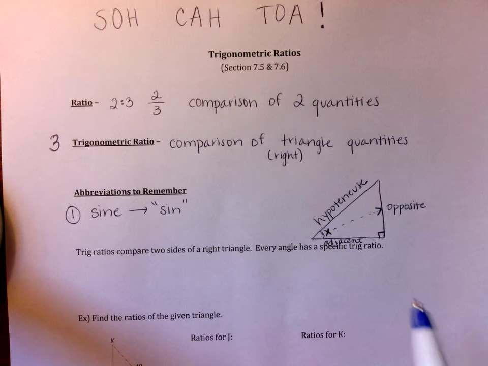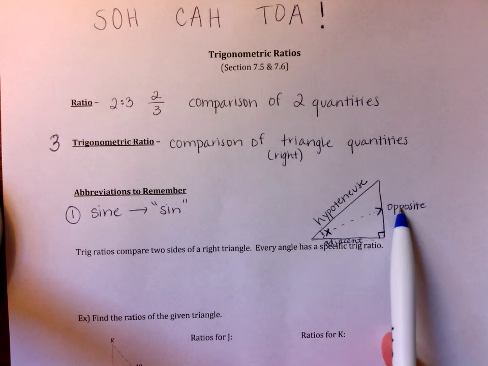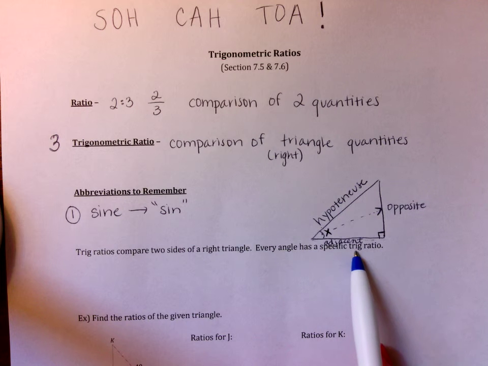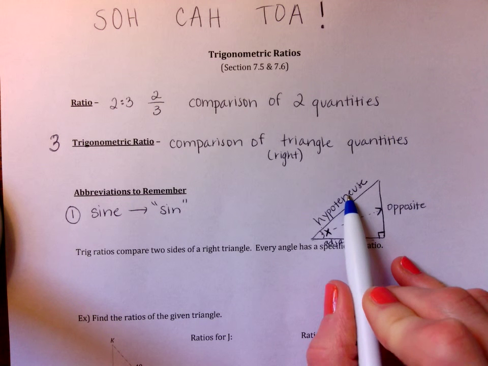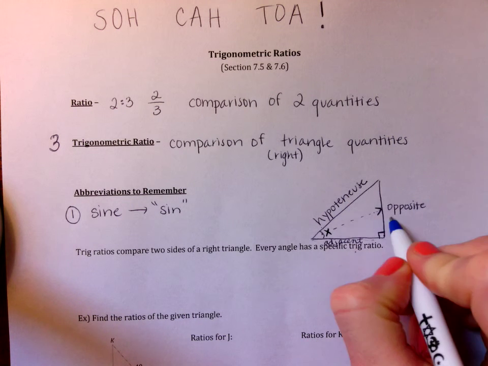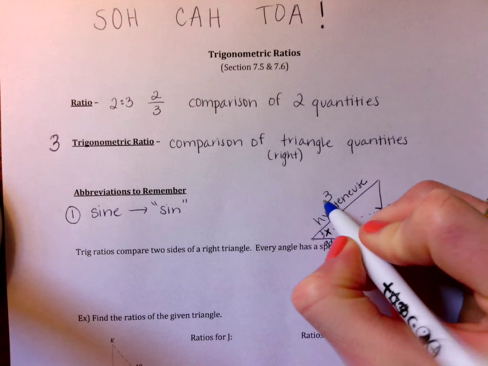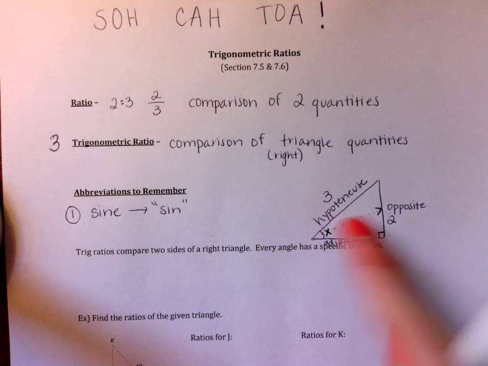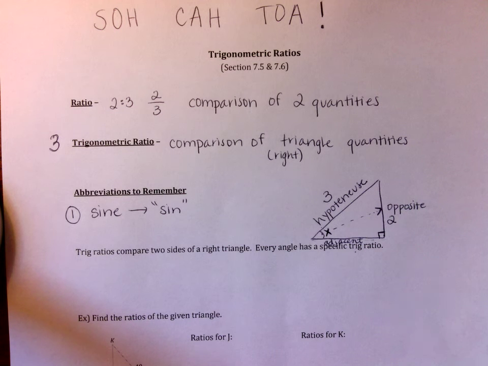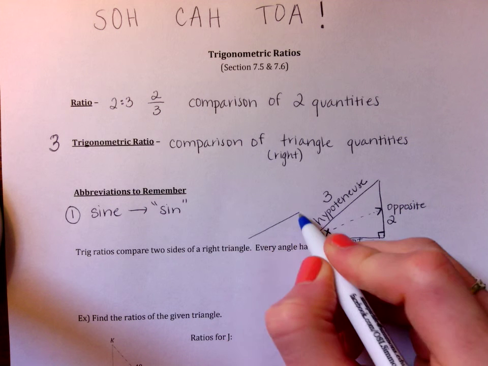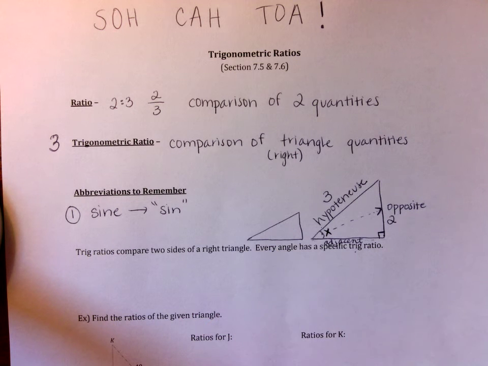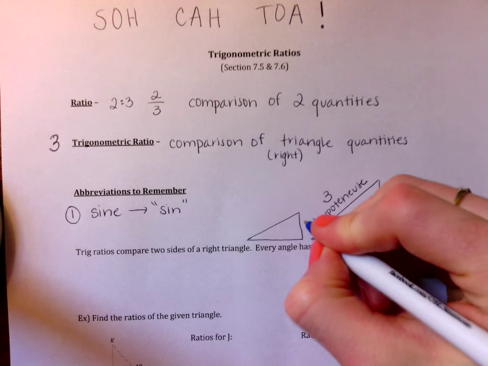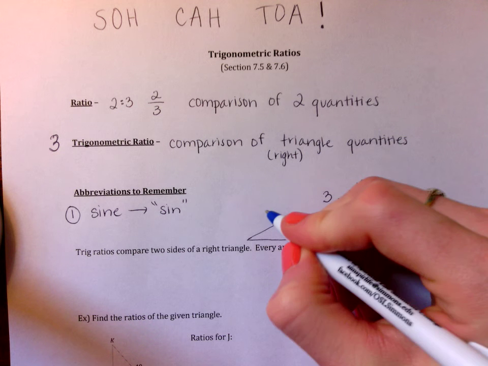So trigonometric ratios are going to be comparing the lengths of these 3 sides. Depending on the look of your triangle, these will have different ratios. For example, this side might be 2 to 3 in this triangle, but if we were to draw a different triangle, that looks somewhat different, maybe this is 1 and this is 2.